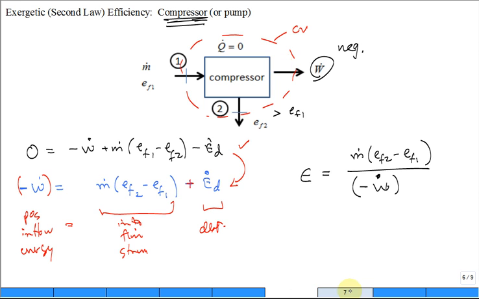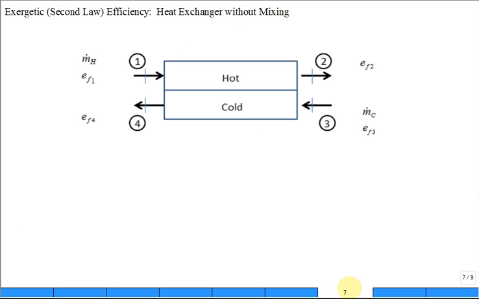All right. Well, you can also do a second law efficiency for a heat exchanger. Here's the heat exchanger where you have a hot fluid stream going on one side and a cold fluid stream going on the other side, and they don't mix. True? They do not mix. So we have no mixing.